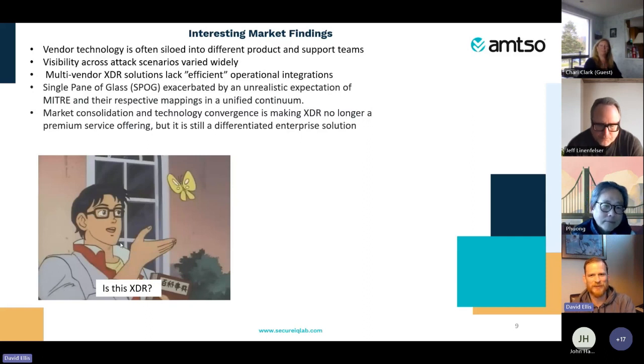The other thing we're seeing is visibility across the attack scenarios. Basically, we're running 41 different attack scenarios with 3 to 10 major steps, and each of those steps or blocks has activities that form that step.